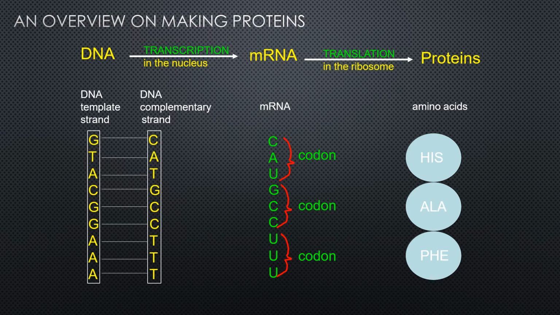And note that in the messenger RNA, every 3 nucleotides equals a codon. And codon is just what it sounds like. It is a code for a particular amino acid. And so the messenger RNA is going to be transported from the nucleus through the cytoplasm into the ribosome, which is where our proteins are made, and that's where translation occurs. And so we're going to start with that today.